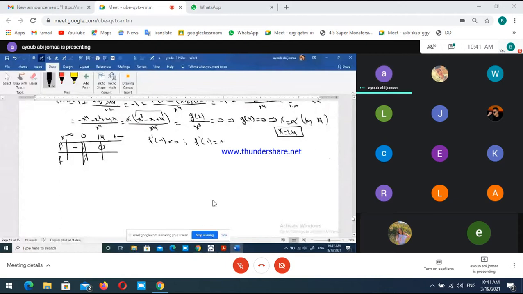And a number greater than 1.4, let's say 2, it will be negative. So you're decreasing, increasing, decreasing.